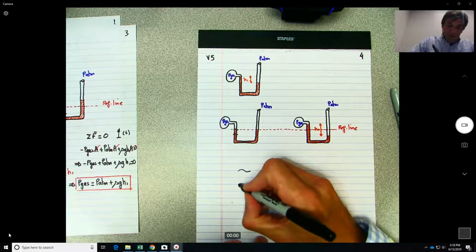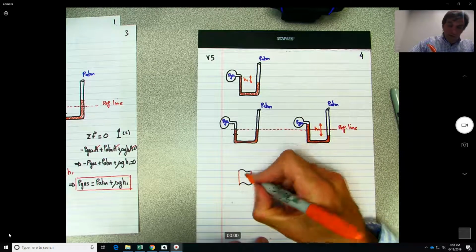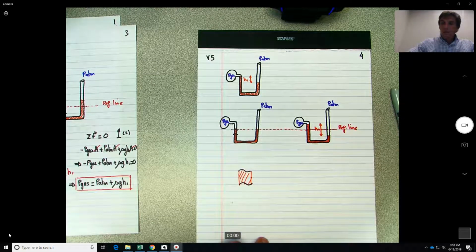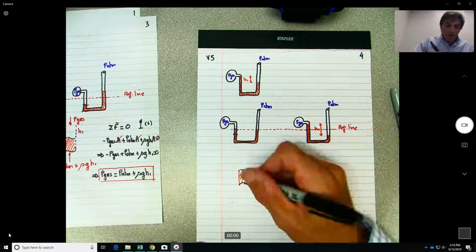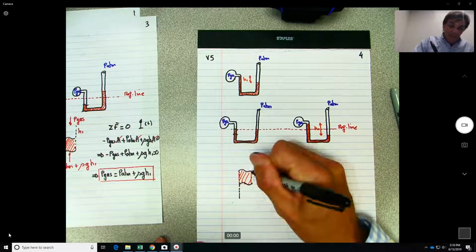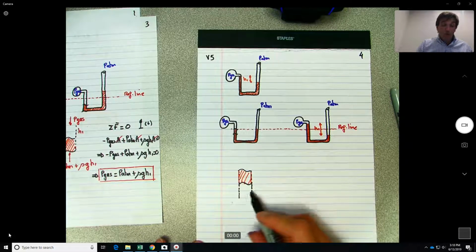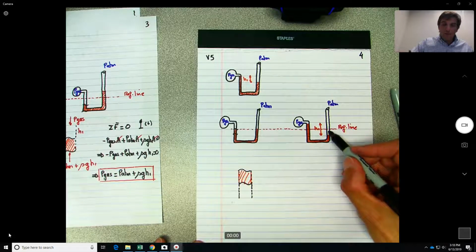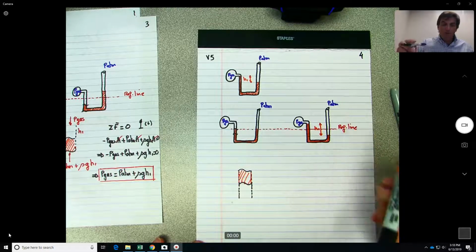So this time the element went up, which means that this time we have the void, or the empty space, at the bottom.